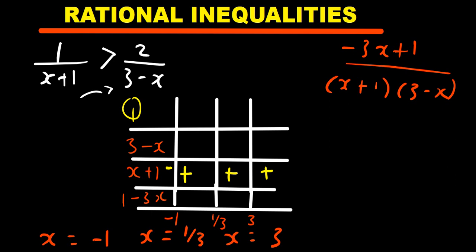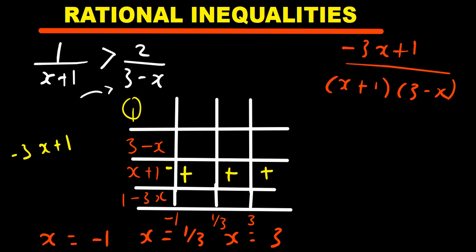Now, if we get any number that is greater than 1 over 3, let's say we get a 5, or between 1 over 3 and 3, let's say negative 3x plus 1.